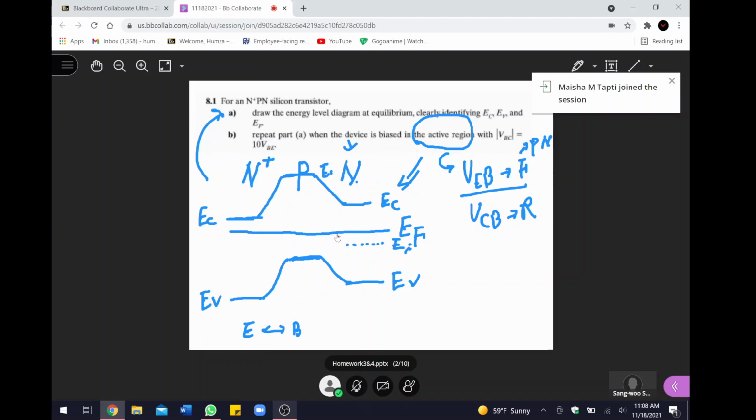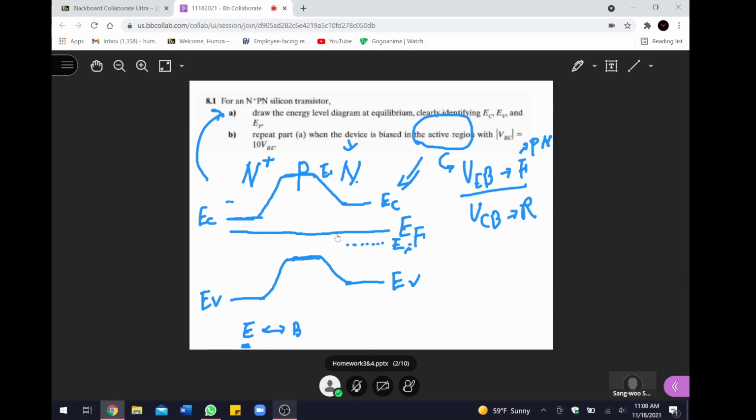The base is connected between the collector and the emitter, so let's keep the base at this level and move the emitter side energy correspondingly. The emitter side is more negative compared to the base. Negative bias means that this energy will be shifted.